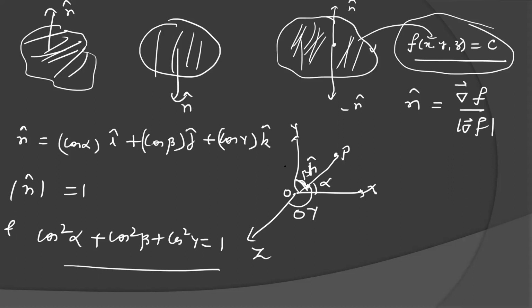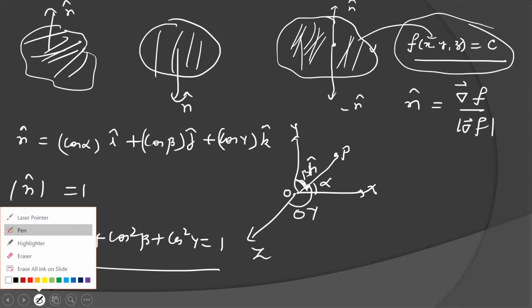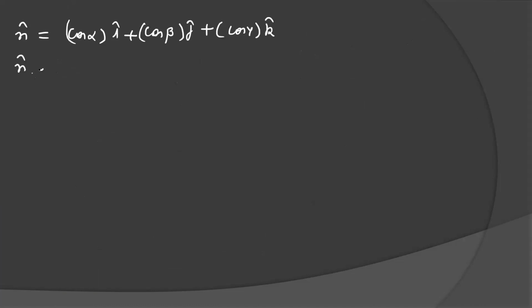Now, n cap is cos alpha i plus cos beta j plus cos gamma k. If you take the dot product of n cap with i, you will get cos alpha only.